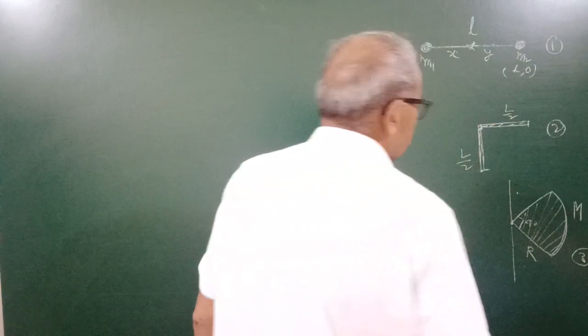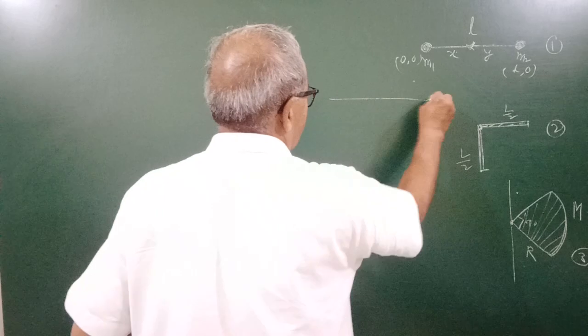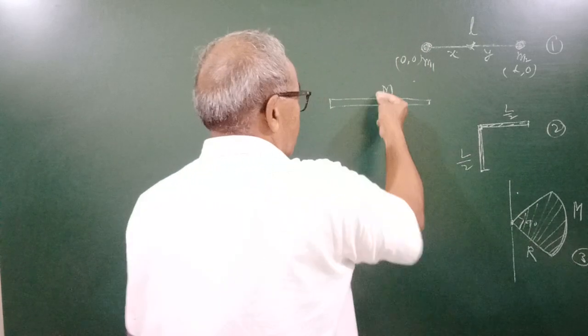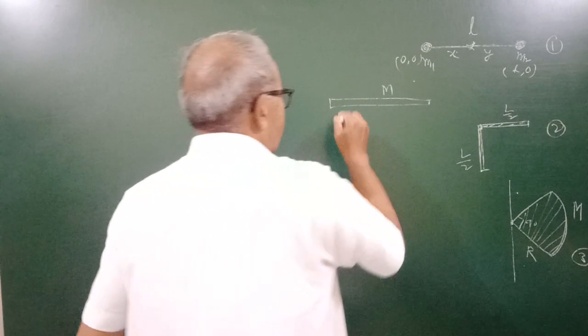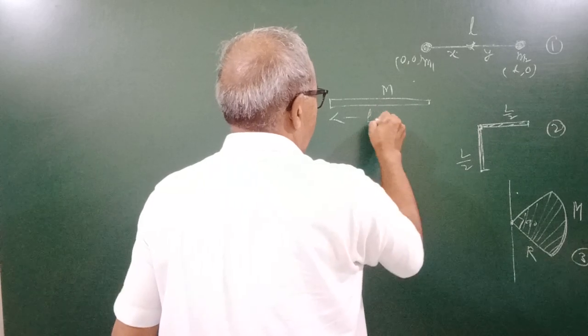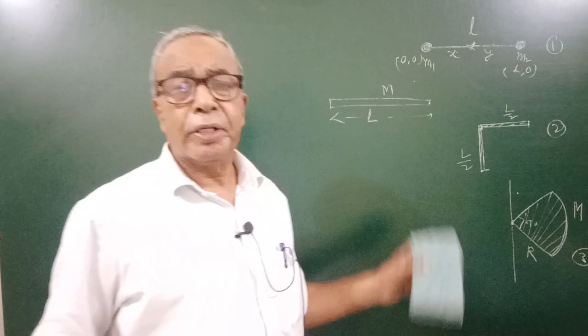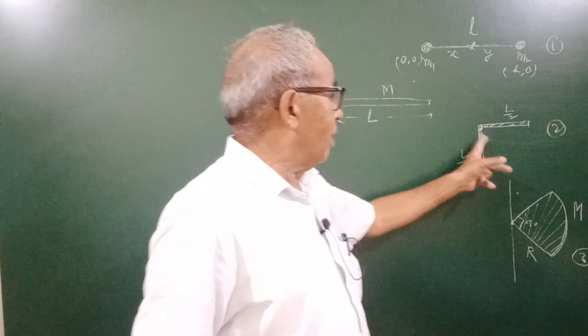Now in figure 2, this is a rod of length L and mass M. It is cut into two parts and welded together at right angle. Total length L, cut in two parts and welded together to form this 90-degree angle.